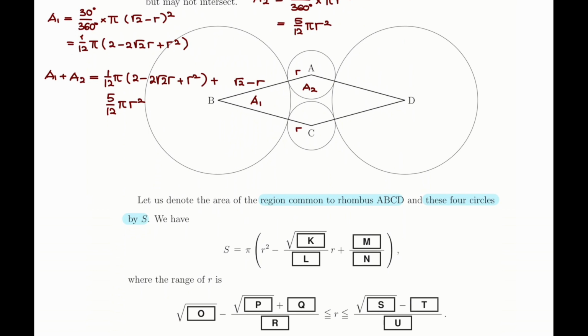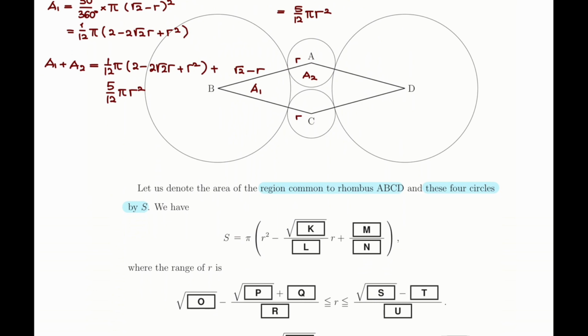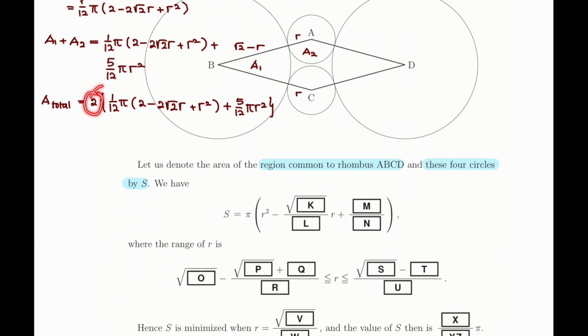We will factorize pi only, so I will multiply by 2 first, and at the end I will factorize the pi. So the total area is 2 times 1 over 12 pi times 2 minus 2 square root of 2 R plus R squared, plus 5 over 12 pi R squared.